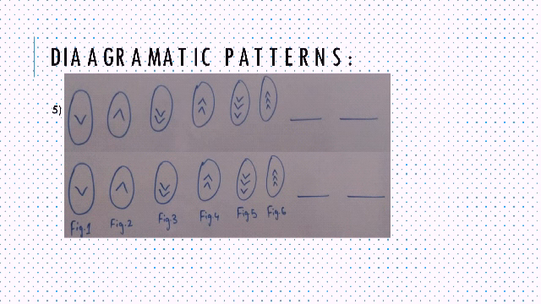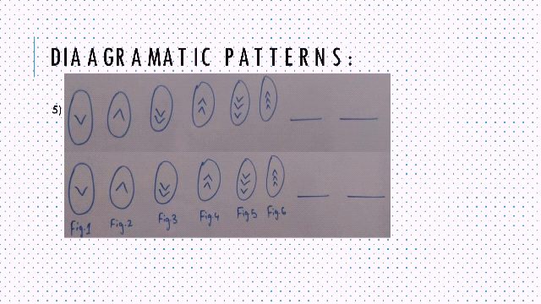First the arrowheads are placed downwards, then the arrowheads are placed upwards, and in another diagram the downward arrowheads are increased and again the upward arrowheads are increased. That means first it is placed down, then it is placed up, then the number of arrowheads pointing downwards increases, then the number of arrowheads pointing upwards increases. So this is the pattern which is being followed.